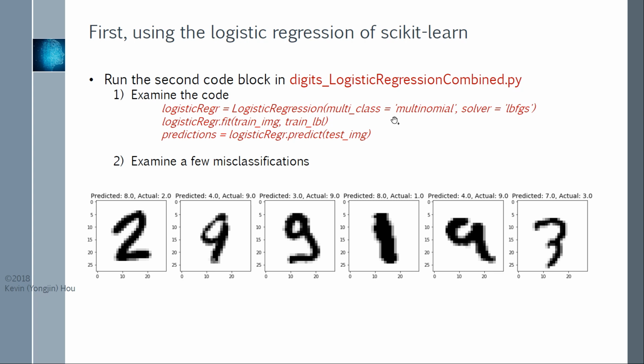One way is to build multiple binary logistic regressions and combine them into a multi-class classification. If we do not specify this multi-class parameter with this specific value, the Scikit Learn default behavior is to build multiple binary logistic regressions.